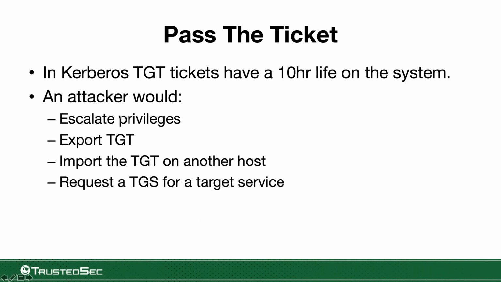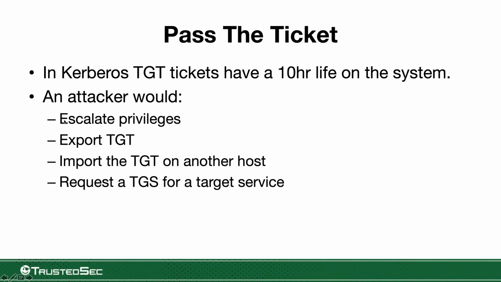So typically, we can actually do pass the ticket. In the case of Kerberos, we have TGT tickets, ticket granting tickets. They have a life of 10 hours on the system, and then they'll simply expire. So typically what an attacker would do, since sadly I don't have my domain controller, I'll probably have a couple of TGTs in memory.